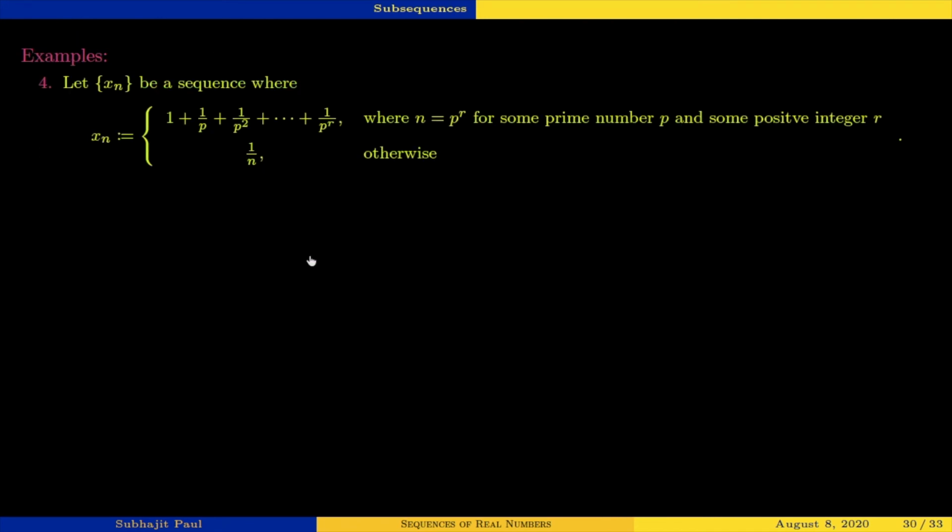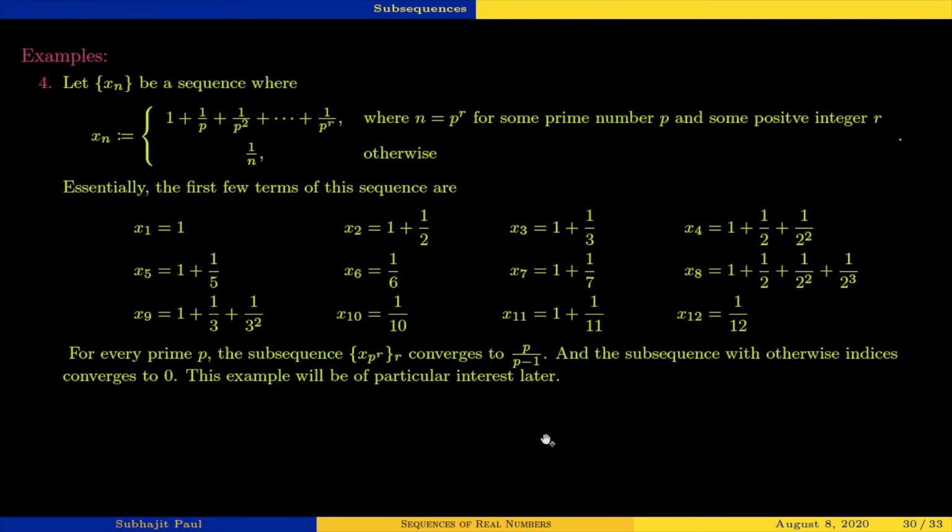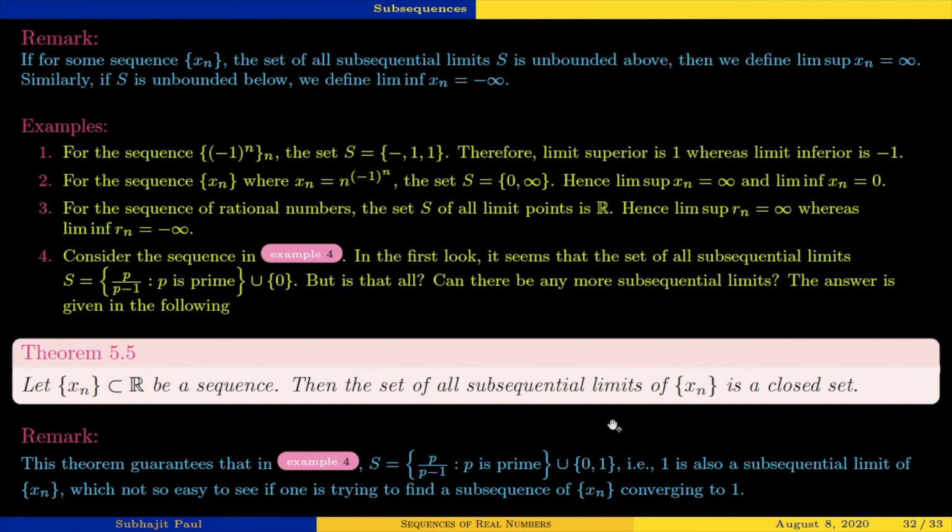At first glance, you won't be able to extract a subsequence converging to 1 from this one, because no subsequence over here is visibly converging to 1. At first look, it needs some special tools, special results, to extract a subsequence converging to 1 for this particular example.